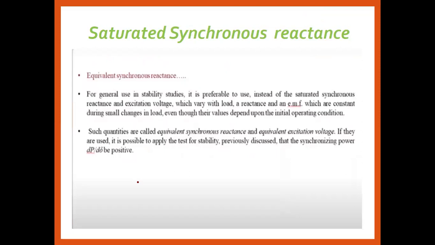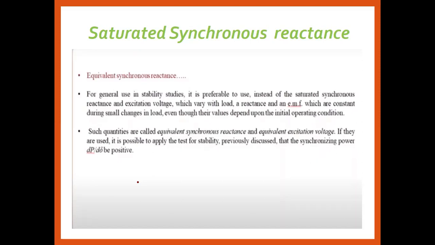Under the general operating condition of a stability study, it is preferable to use the constant saturated reactance and excitation voltage. Such quantities are generally called the equivalent synchronous reactance and the equivalent excitation voltage.